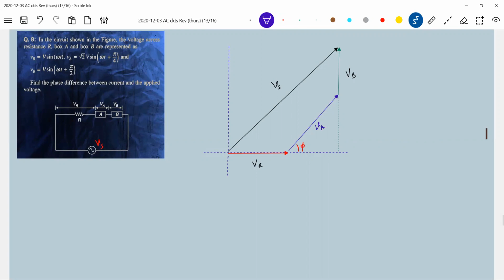Can we bring this length? We don't know this length actually. Since we know VA, what is the value of VA? RMS value of that signal after subtraction. V by root 2 will come. No? Okay, sorry, V by root 2.